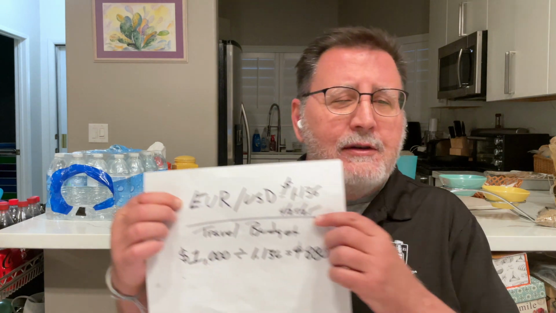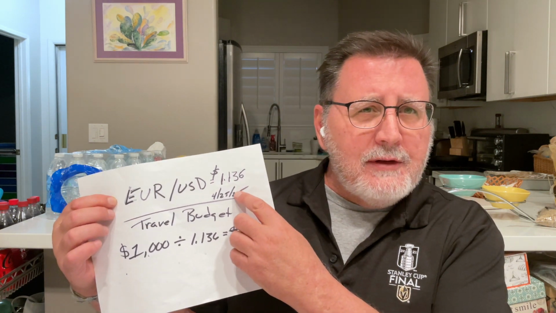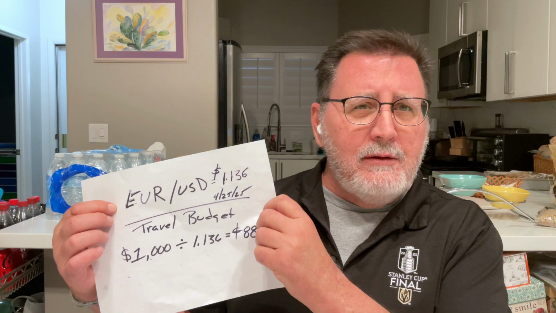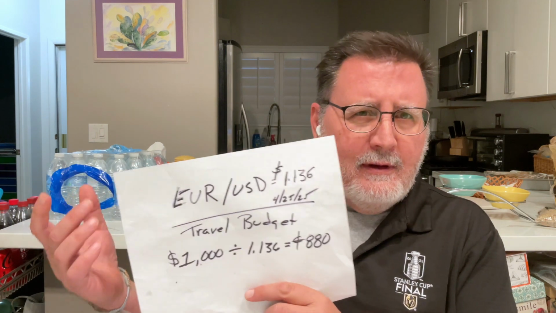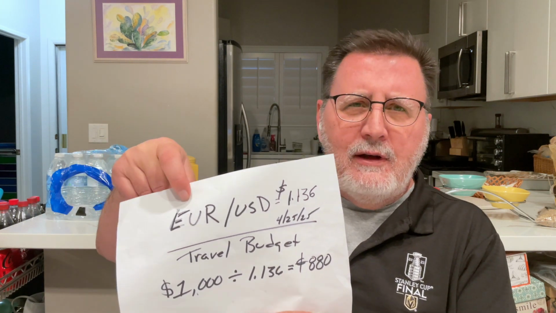If you really want to learn this and let it sink in, just practice. Look up what the euro to US dollar is, how much in US dollars it costs you to buy a euro, right? You look online, you look up that pair.